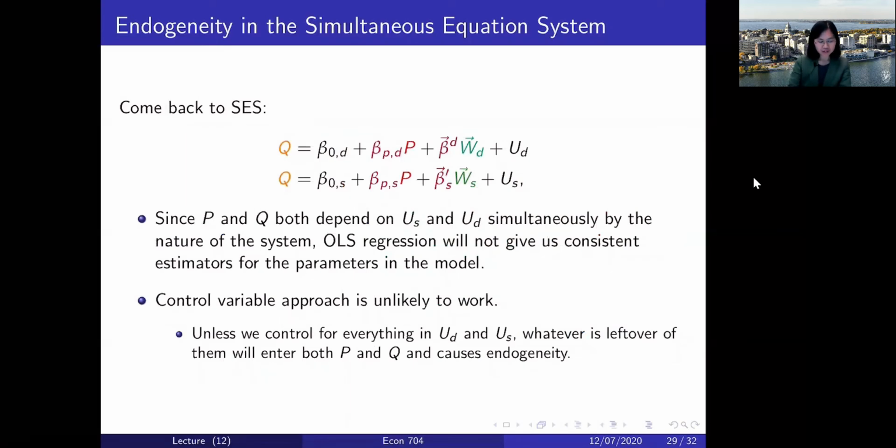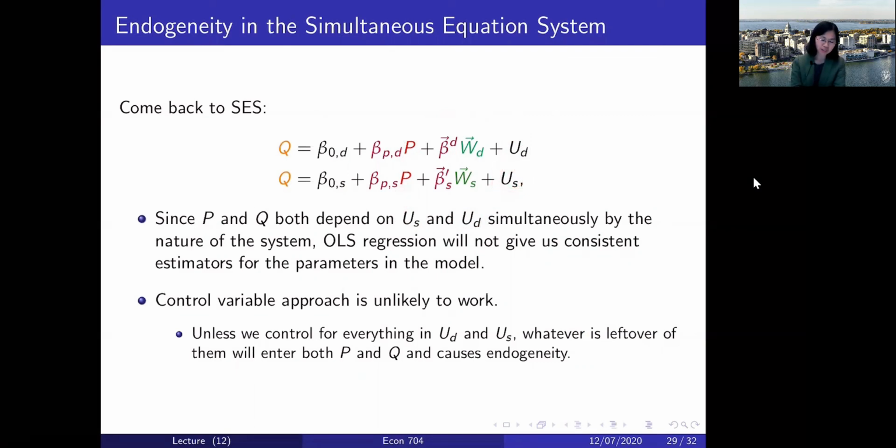Now come back to the SES. Because P depends on both US and UD, P depends on UD. So P is endogenous. It's not uncorrelated with UD. It's correlated with UD. And P is also correlated with US.